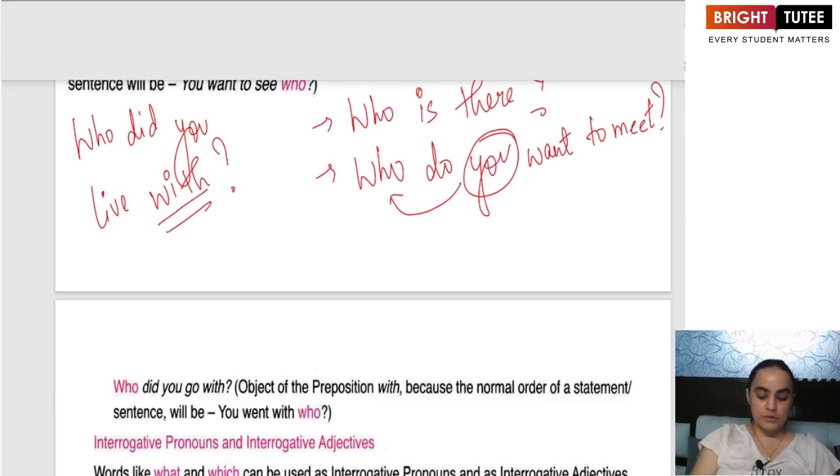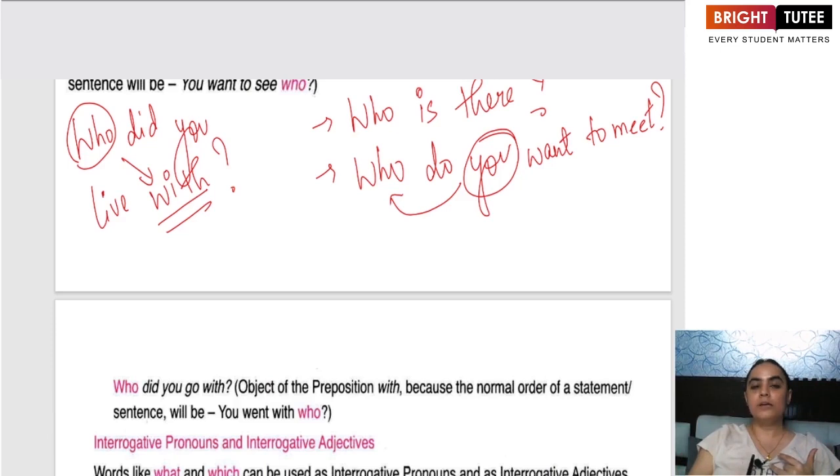My preposition is with, and I am using who in accordance with my preposition with. So an interrogative pronoun can be used as a subject. It can be used as the object, and it can even be used in accordance with a preposition.